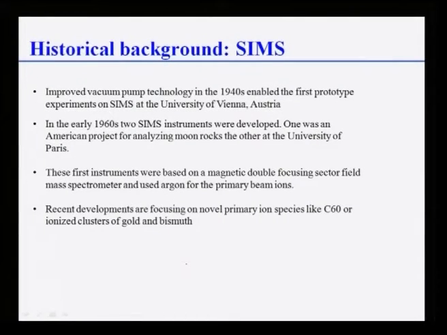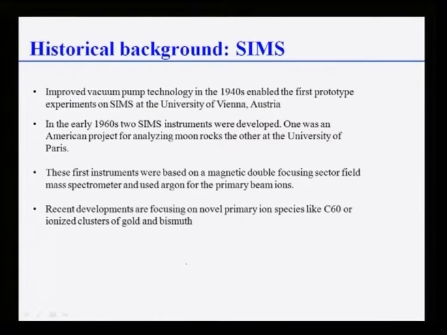In fact, only in the 1940s, around 1948, the first prototype experiments in SIMS were done at the University of Vienna, Austria. In the 1960s, two SIMS experiments were developed, but not so good. One was an American project for analyzing moon rocks, the other was at the University of Paris. These first experiments were based on a magnetic double focusing Mattauch-Herzog mass spectrometer and used argon as a primary ion beam. Obviously, these things are not known to you, I am going to discuss them in detail.